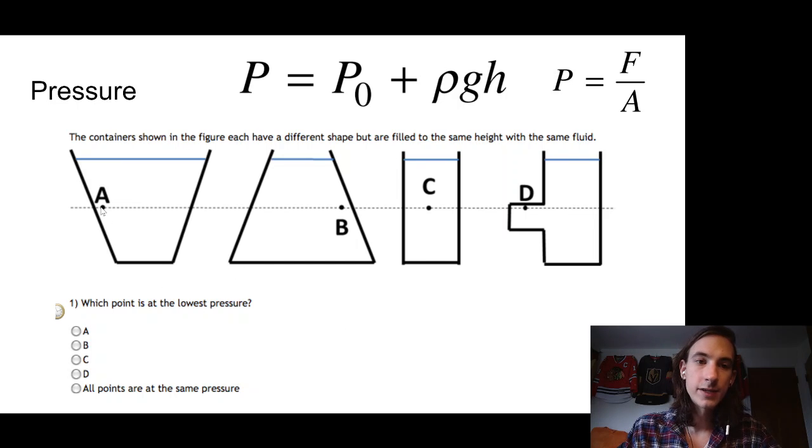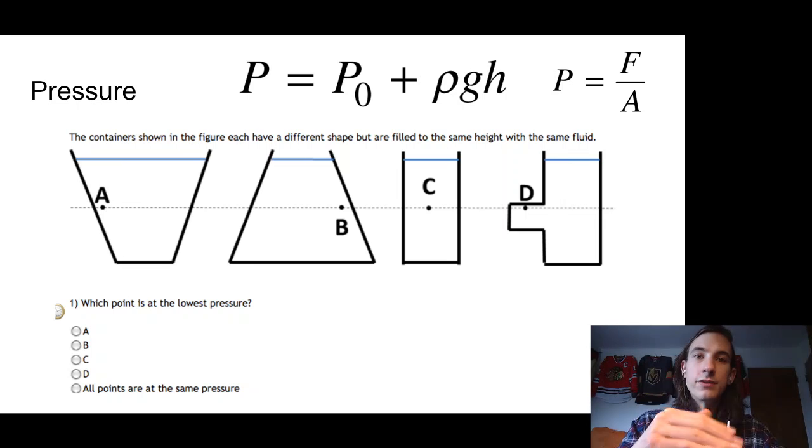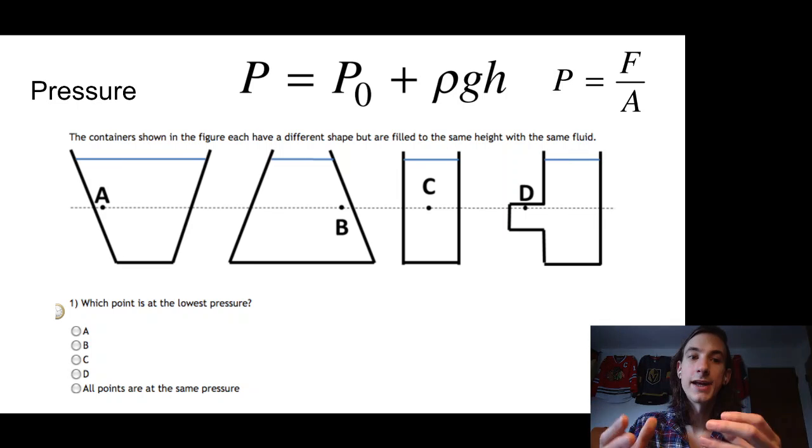And because they're all at the same depth, they have the same height of water above them. That's pushing down on them, supplying that pressure from all of those little particles colliding. So each one is supporting that weight of water above it. So these are all going to be at the same pressure.